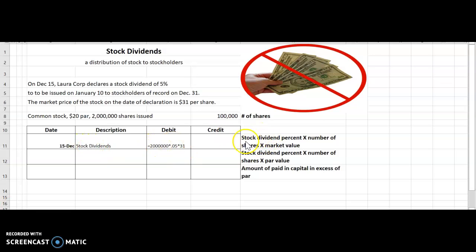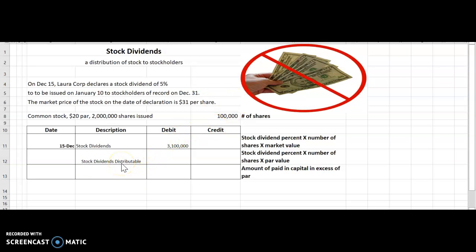So we're going to say the stock dividend, 0.05 times 2 million shares, which I have backwards, but it doesn't matter when you multiply, times your market value, which is the amount that we're going to be giving out, which is $31. And that would be your debit of $3,100,000 to stock dividends.